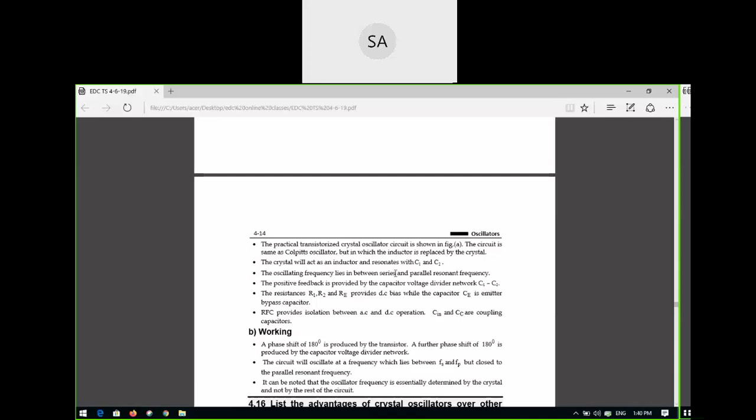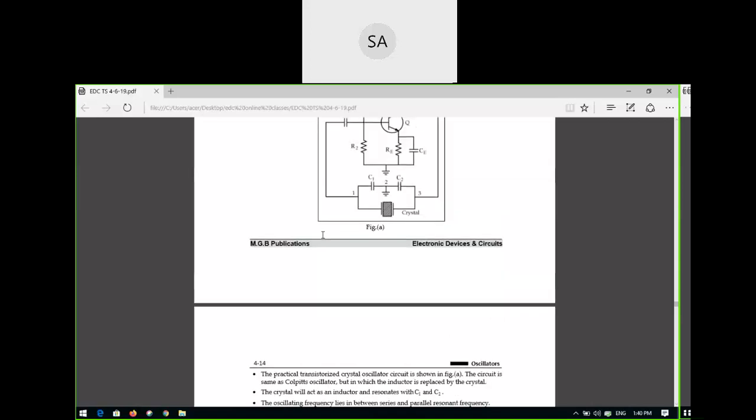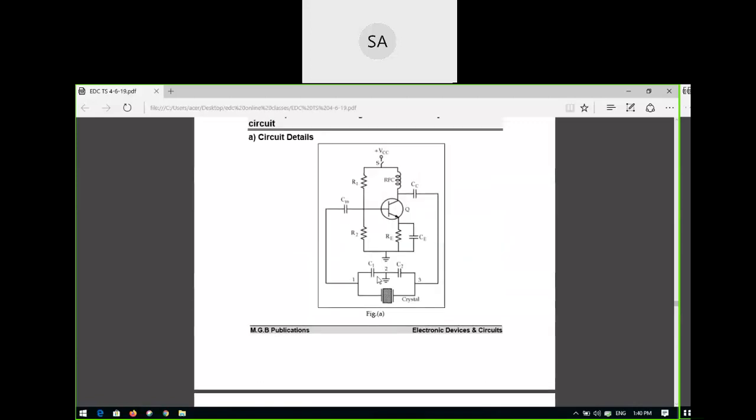Is it clear? Whatever conditions are applied to a transistor amplifier are called the Barkhausen criteria. If the condition is satisfied, it behaves like an oscillator. Any transistor amplifier acts like an oscillator if it satisfies the condition for sustained oscillations, the Barkhausen criteria.